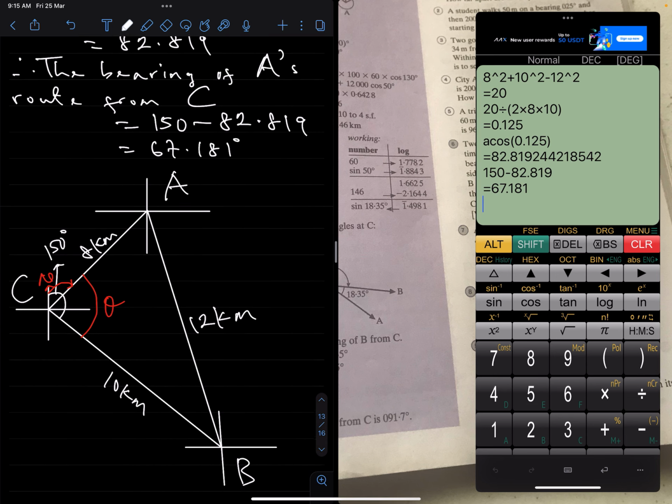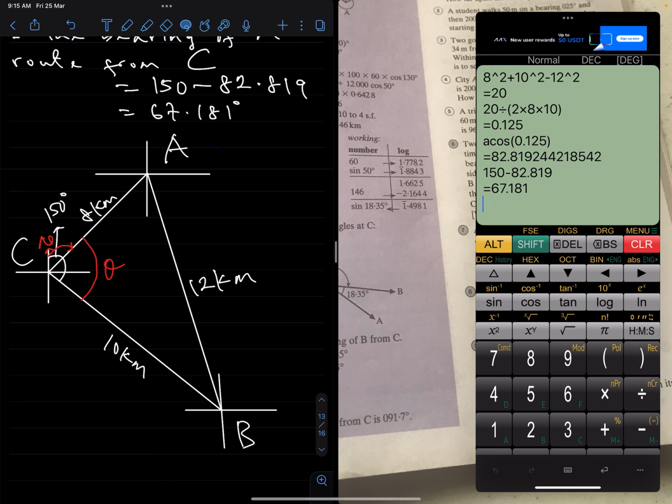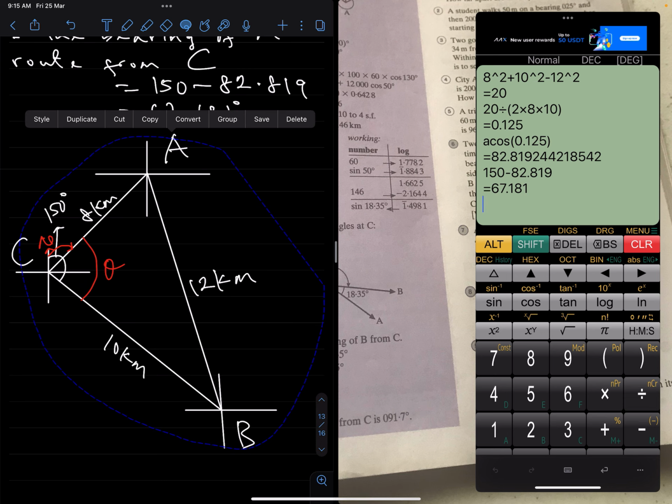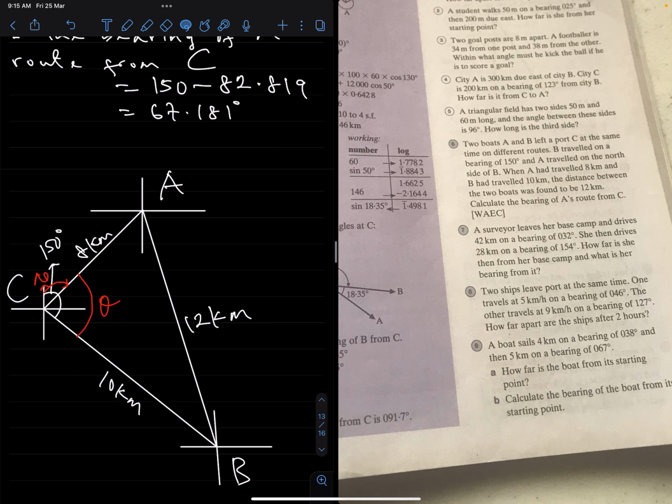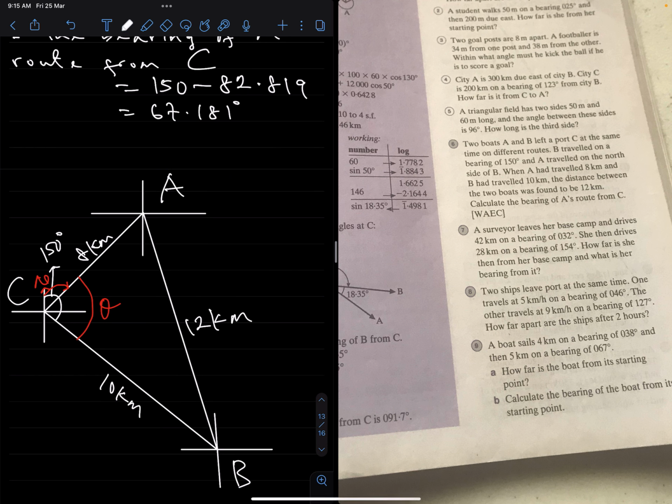But they said we should leave angles and bearings correct to 1 decimal place, that is correct to 0.1 degree. So the bearing of A from C is approximately 67.2 degrees. And that's very, very simple.